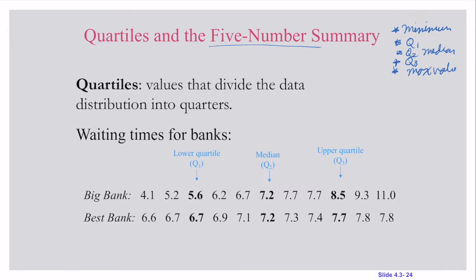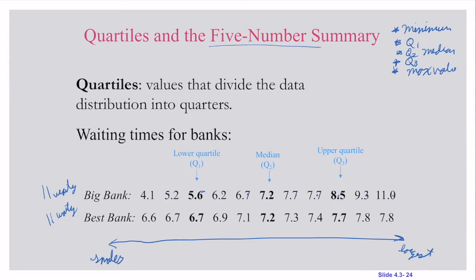So we took 11 waiting times from each bank. We sorted this data, so we ordered it from smallest to largest.